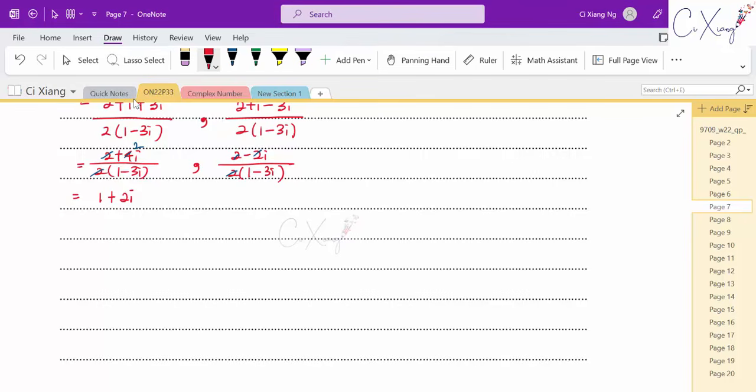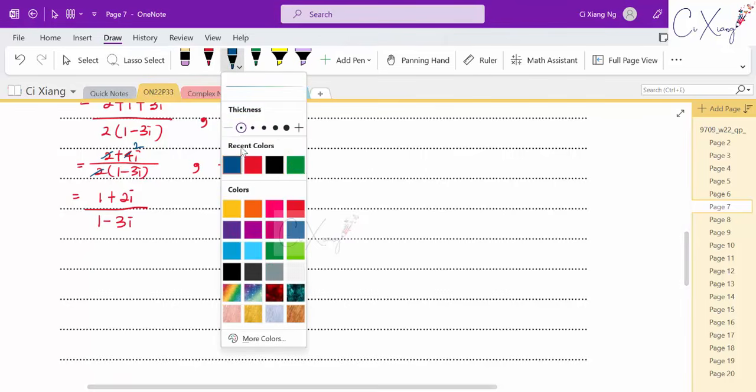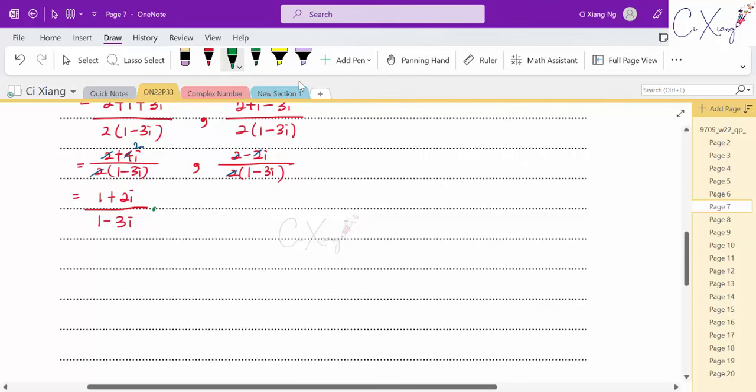So after I simplify, I'm having 1 plus 2i over 1 minus 3i. To rationalize it, what I need to do is multiply by the same term as the denominator, but we change the sign of the imaginary part, which is the conjugate.